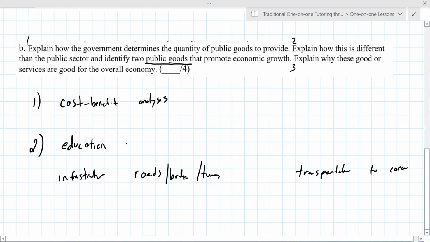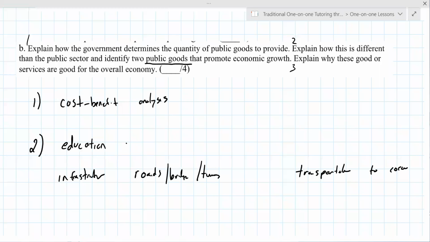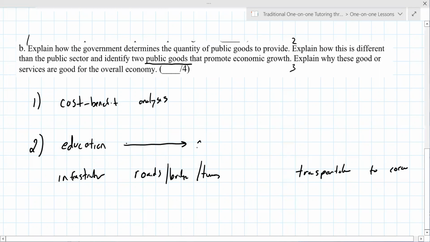So that kind of leads into 3 for both of these. Why are these goods and services good for the overall economy? The smarter, more diverse, more educated population tends to do what's called specialize. We're not all farmers. We're not all working in factories.